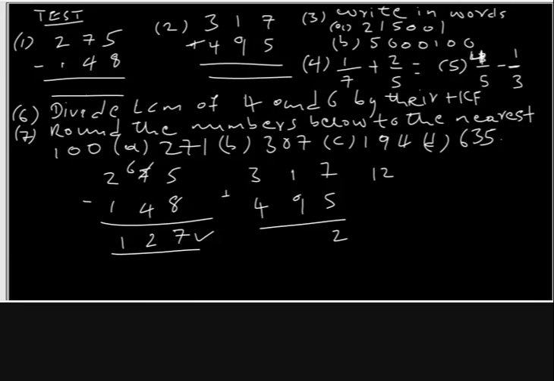Then we write this 2 and we carry this 1. We add it to this one here, so it becomes 1 plus 9, which is 10... 2 plus 9 is going to give us 11. We write 1 and carry 1 again. That one, we add it to this 3. 1 plus 3 is 4. 4 plus 4 will give us 8.